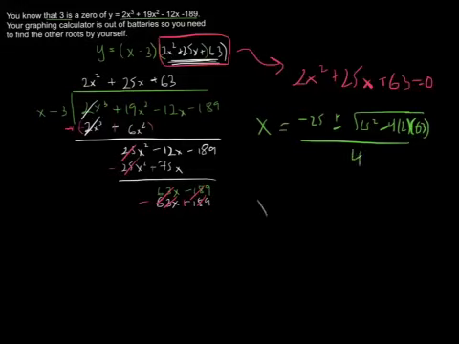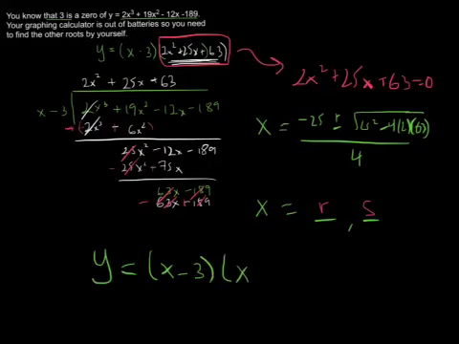And then the two values that you get will be your roots. So let's call one r and one s. These are just numbers here, and these are the two roots. So now I know all three roots of my polynomial. So I could rewrite my polynomial as x minus 3 times x minus whatever r is times x minus whatever s is. So your task now is to find the remaining roots, and then you will have your polynomial.